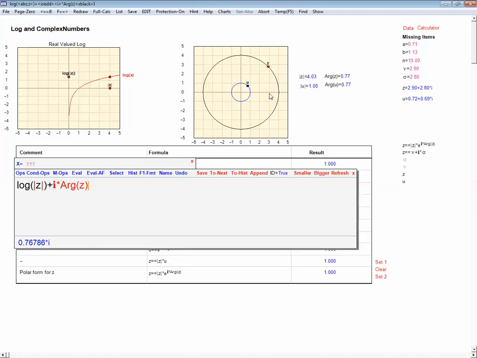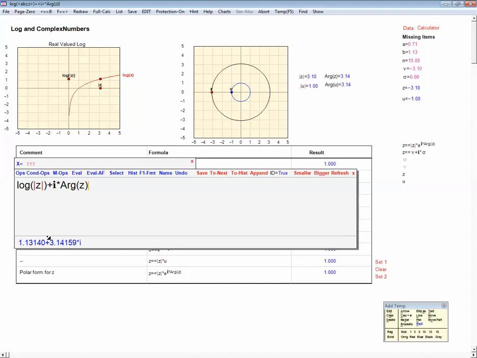If I take a z which is real, and we want to look at the whole thing here. If I take a z that's real, then the arg of z is 0, so of course the log comes out to be the familiar log, the real valued version of log. If I take a negative number though, then the arg of z is actually pi, and you see that down here.